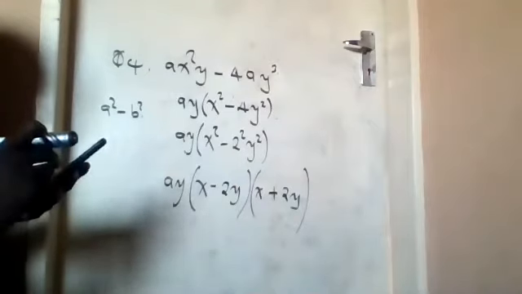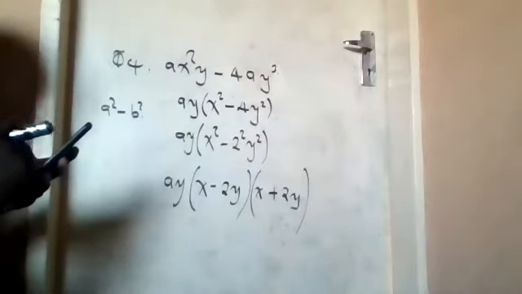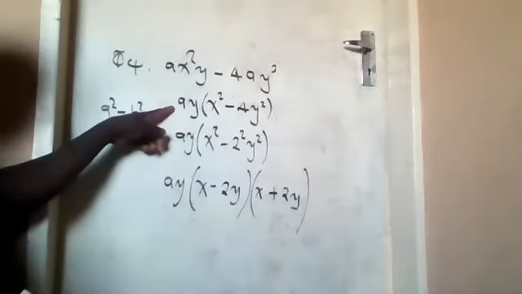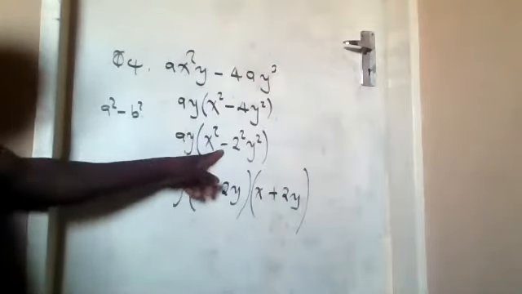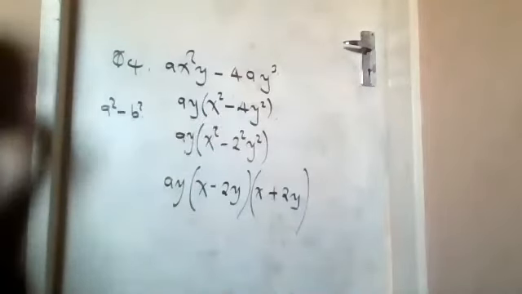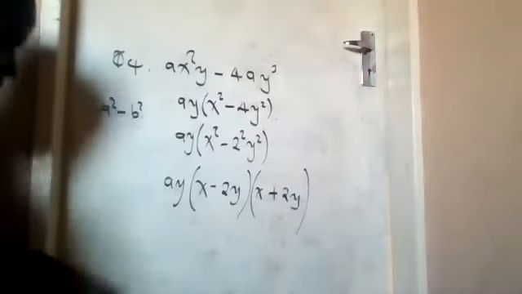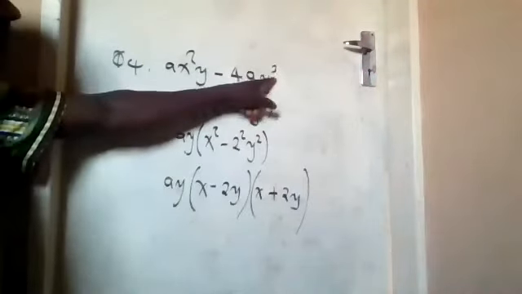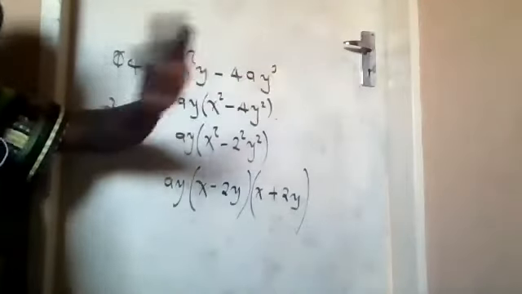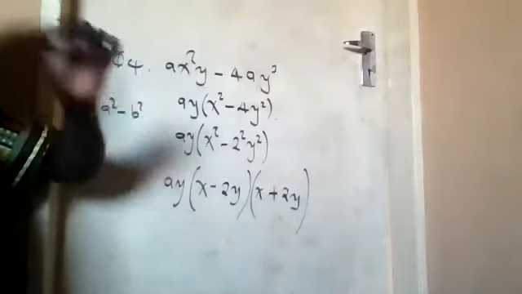Here, sir, on the second step, you said ay brackets x squared minus 4y squared. Isn't it that the square is supposed to go because you put y outside the bracket? So there's only supposed to be y, not y squared. Can you see what we have within the question? The question is raised to power 3, meaning there are 3. Oh, it's raised to power 3, not 2.